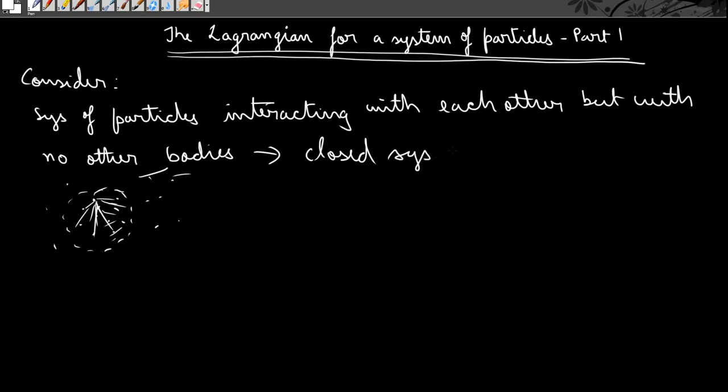So a closed system will consist of particles which interact only with other particles inside the system but with no other particles or bodies outside the system.